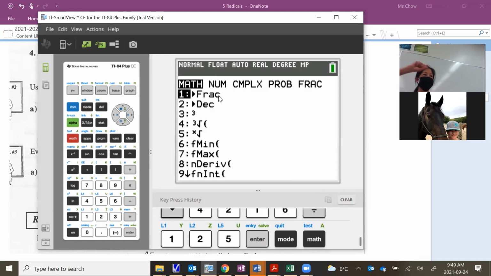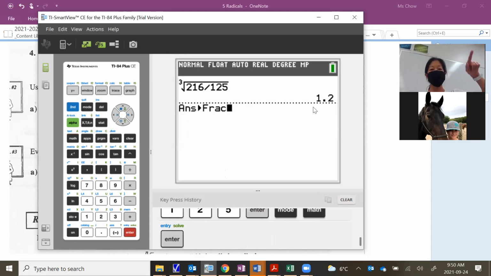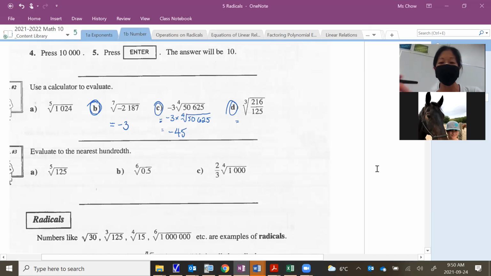That first one, option 2 frac, changes a decimal into a fraction. It's not the same as the ABC button on your scientific calculator. This one changes any decimal into a fraction. So it takes my answer, 1.2, and changes it into 6/5, or 1.2.